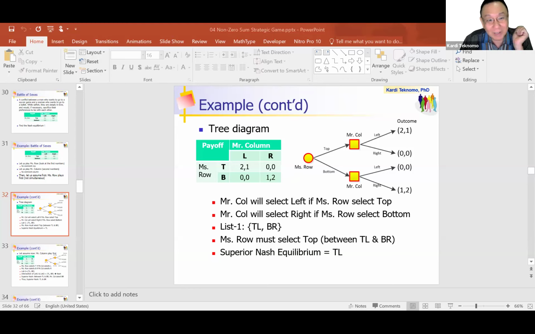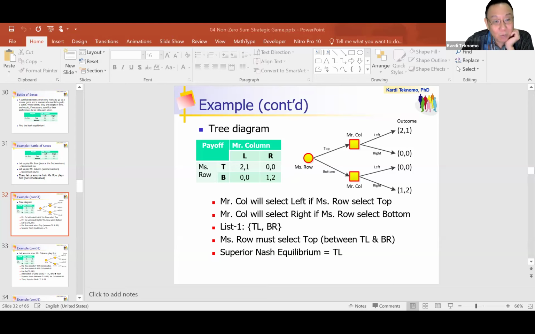Suppose, pretending, that Mr. Column knows that Miss Row will play top. What will Mr. Column do? 1 and 0, isn't it? So Mr. Column will choose 1, because 1 is bigger than 0. So in that case, the combination is TL, top left. I will put it here.